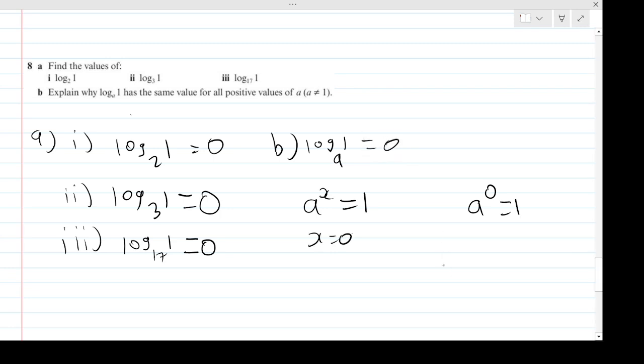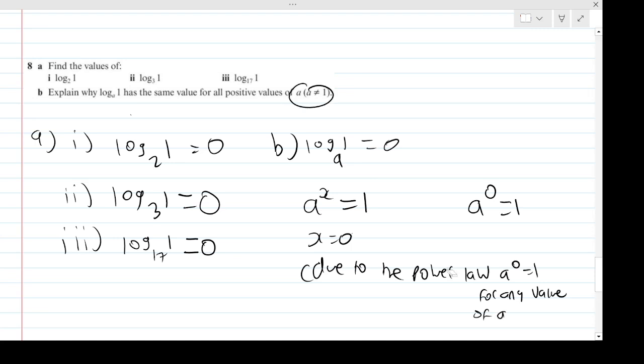And the reason for that is because of this exponential law, the power law: a to the 0 equals 1 for any value of a.